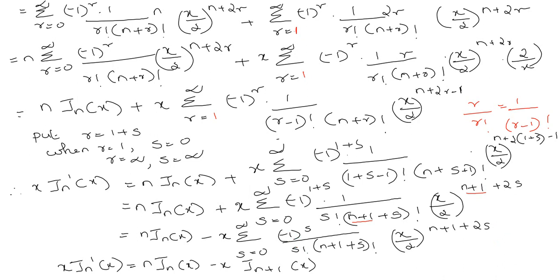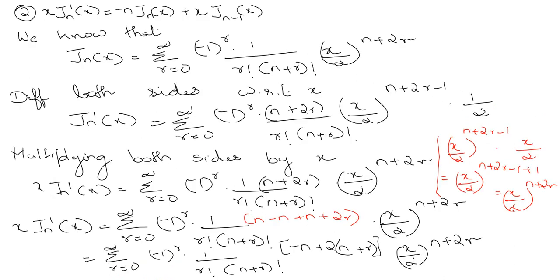So instead of this term we can write Jn plus 1 of x. So our final equation is x Jn dash of x is equal to n Jn of x minus x Jn plus 1 of x, which is the first recurrence relation.